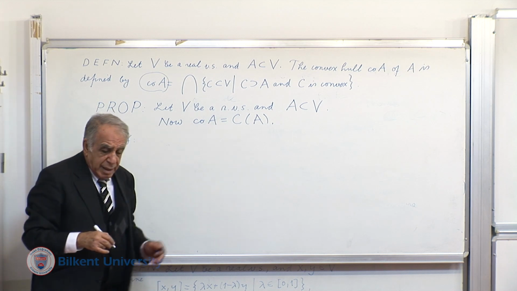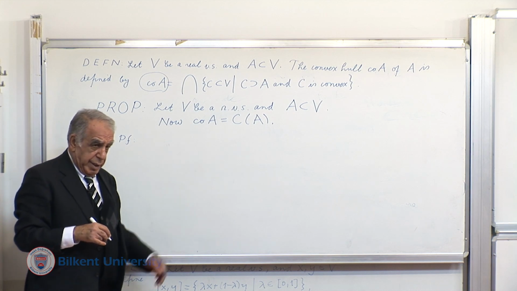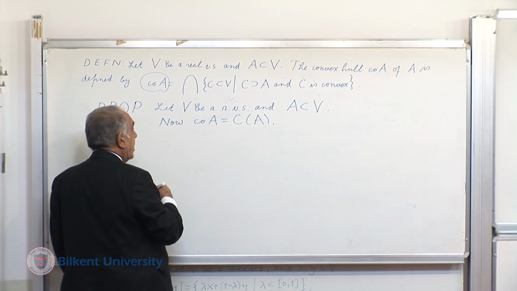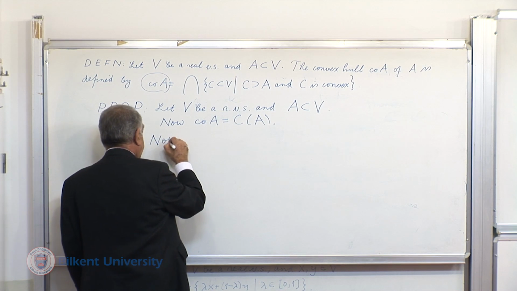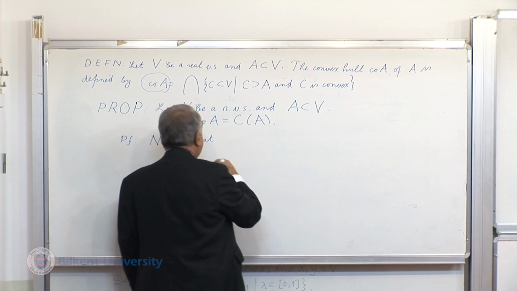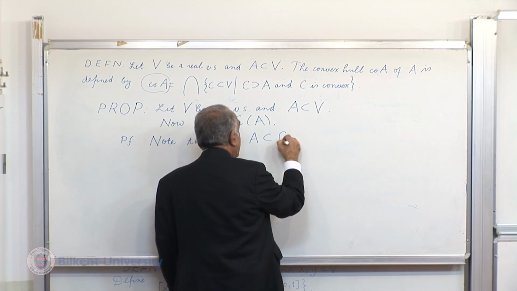Since this is a set equality, we need to show inclusions in both directions. First, note that A is contained in C of A.